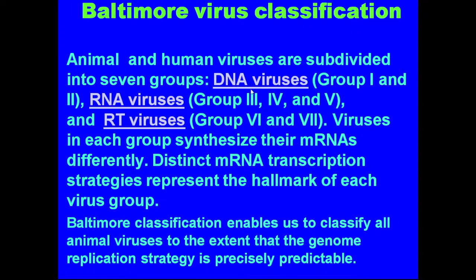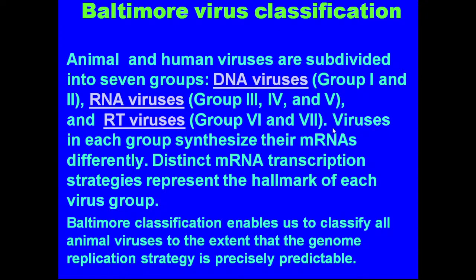And among those groups, the DNA viruses are placed in groups 1 and 2. Then RNA viruses are divided into 3 groups, 3, 4, and 5. But then we have extra 2 groups of viruses that may perform so-called reverse transcription of the genome, the RT-viruses.